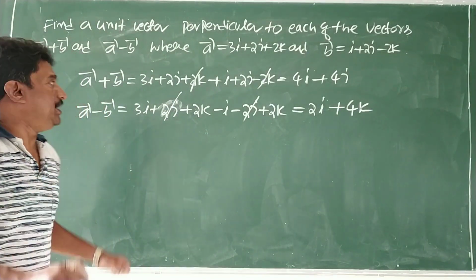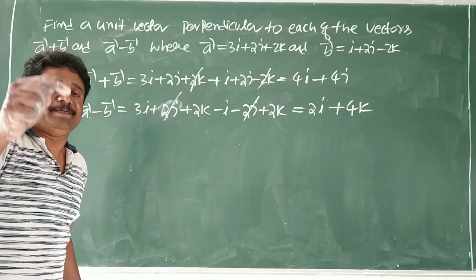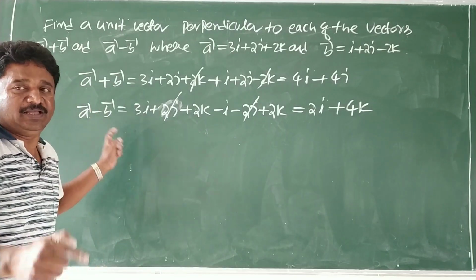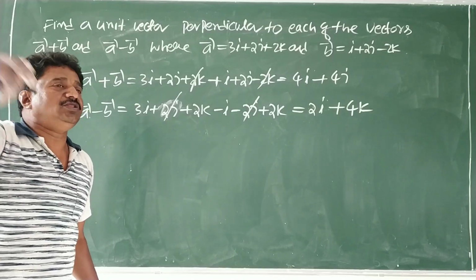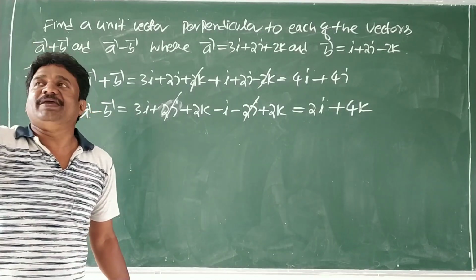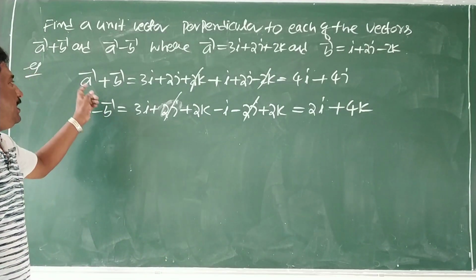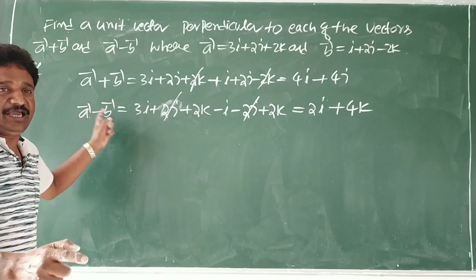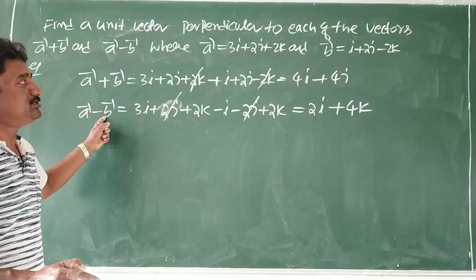So right, first you find out a vector which is perpendicular to both a plus b and a minus b. That is a plus b cross a minus b. You know that very well. a cross b is perpendicular to both a and b. In the same way, a plus b cross a minus b is perpendicular to both a plus b and a minus b.